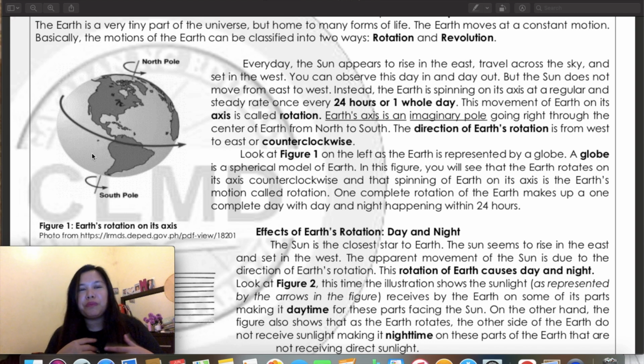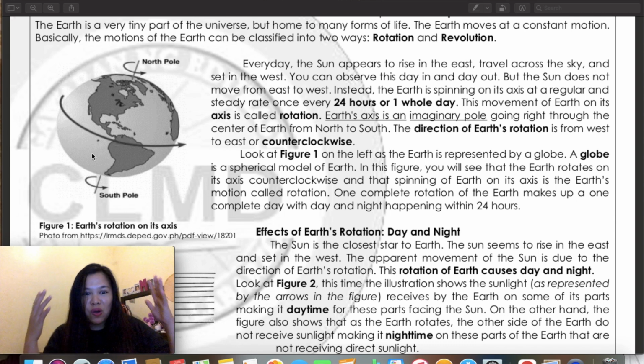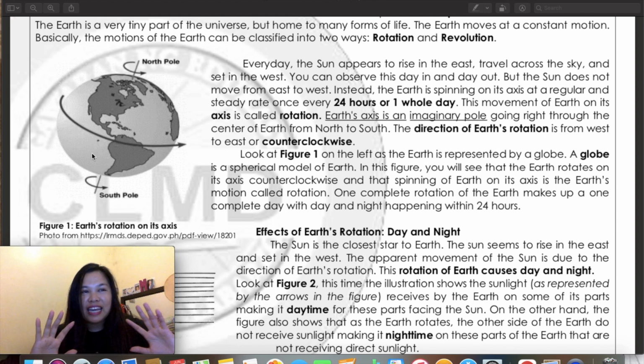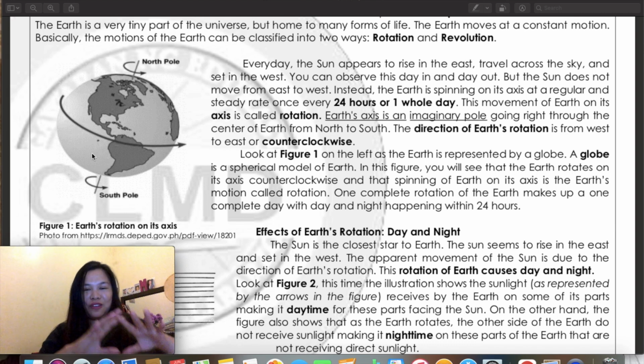Tapos as I grow older, and then nag-study din more about science, nalaman ko na, wow, baliktad pala. Hindi ang sun ang gumagalaw, but the earth itself, umiikot siya.